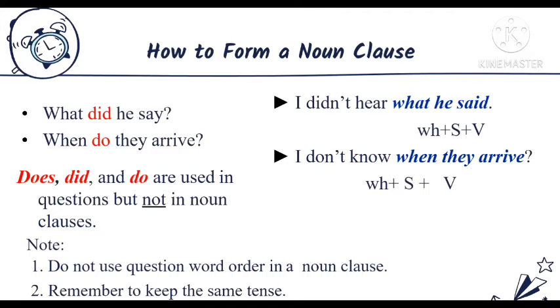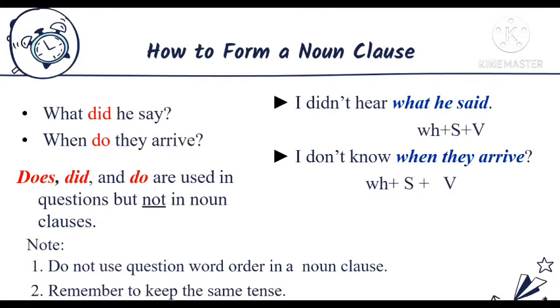And you have to remember, does, did, and do are used in questions, but not in the noun clause. Does, did, and do are helping verbs used in interrogative sentences. And then you do not use the question word order in a noun clause.